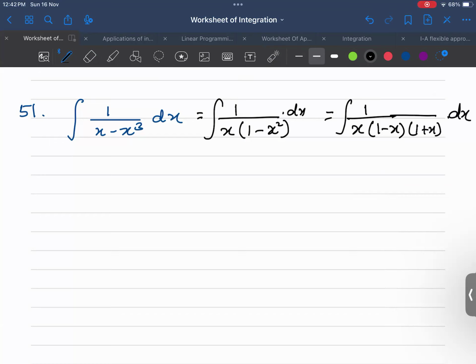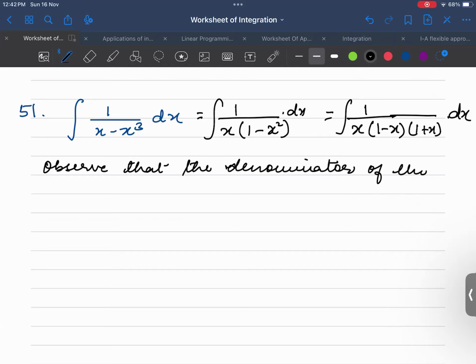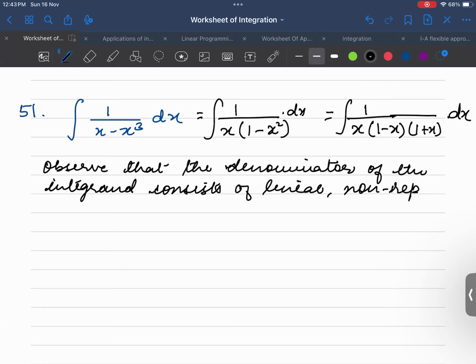Now you can observe that the denominator of the integrand consists of linear non-repeated factors.